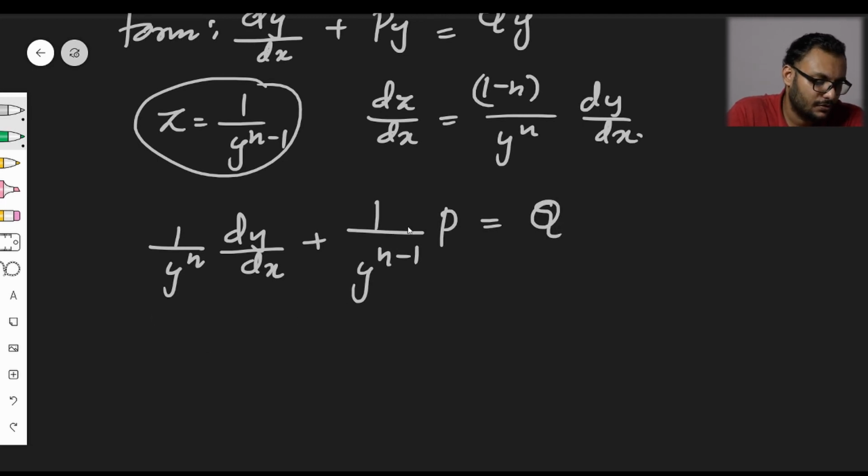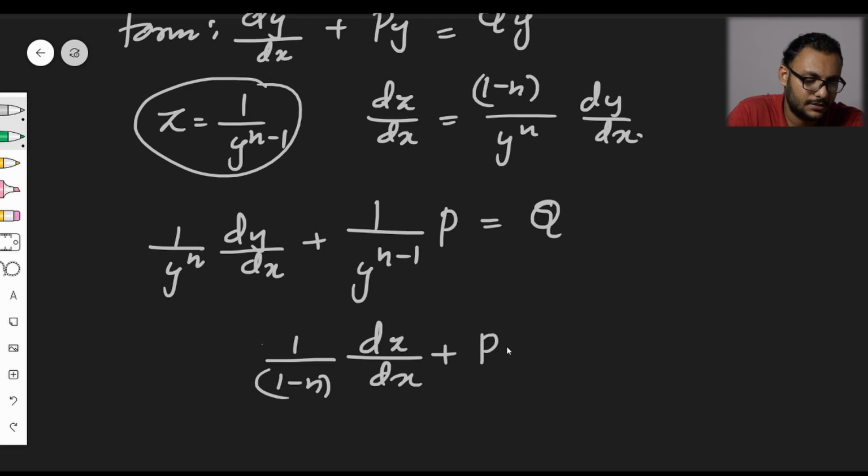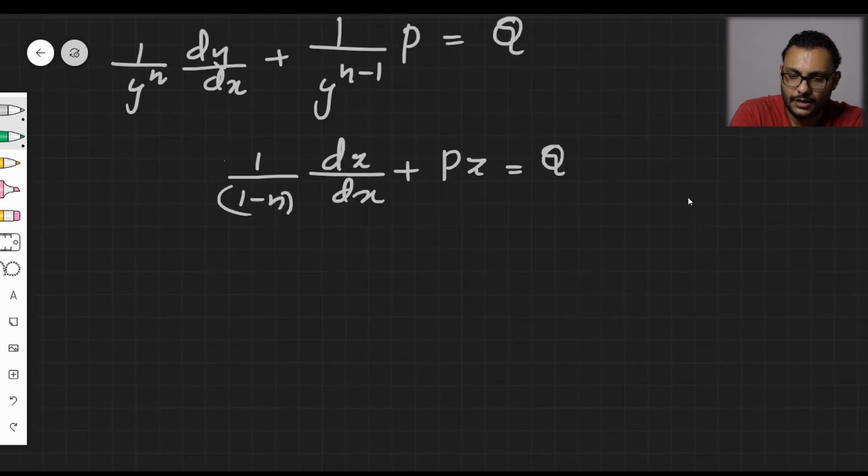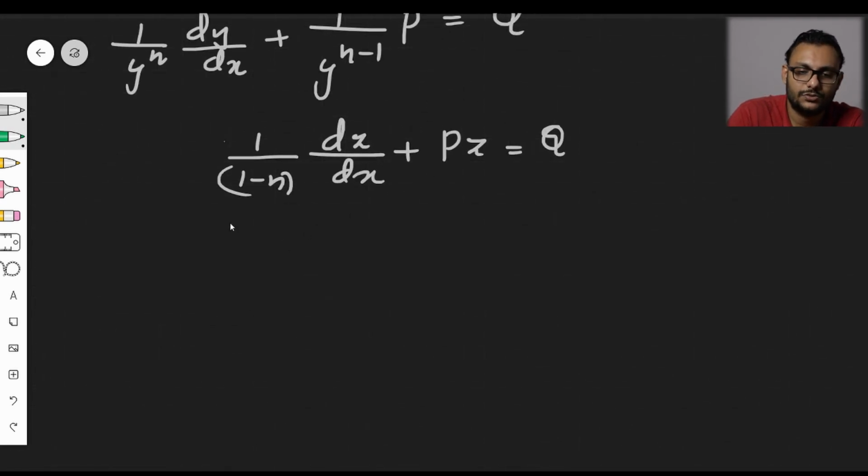Now further simplifying it and substituting the result of z here, we will get 1 by 1 minus n into dz by dx plus pz equal to q. Since 1 minus n is just a number, we can take this to the numerator.